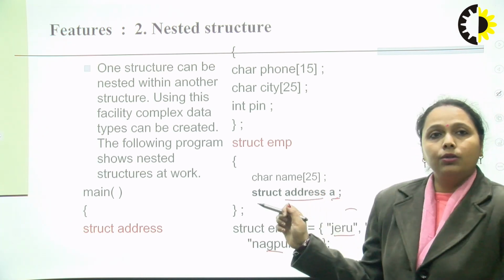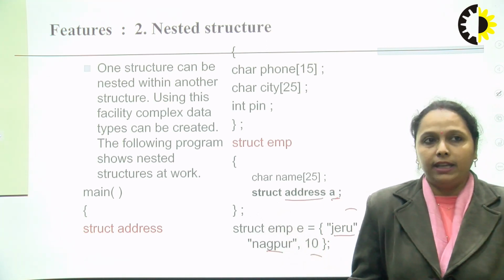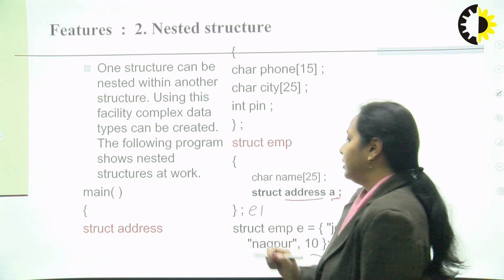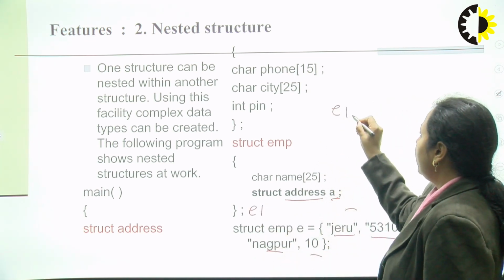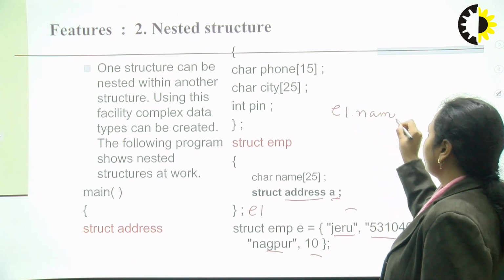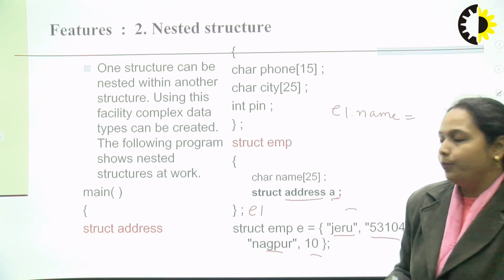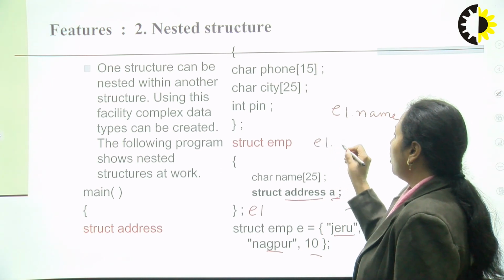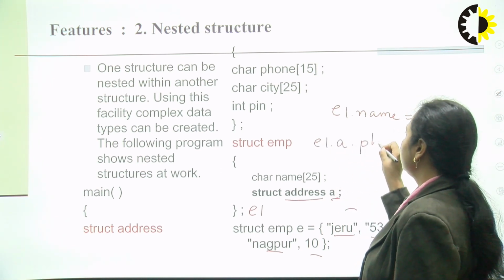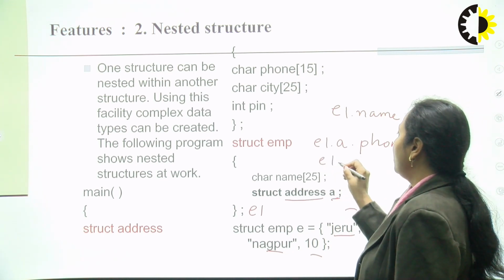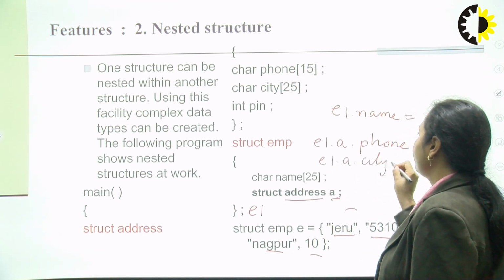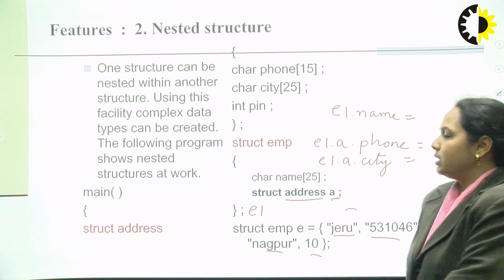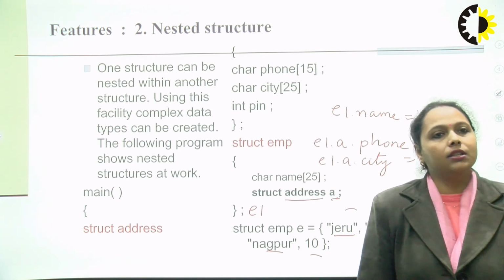Now, if I want to store data with the help of an employee type variable, in that case, if I create a variable E1, E1.name will take a direct value. Second, for the address structure, how will I input? E1.A.phone, E1.A.city, and so on. In this way, we can input data within the structure.